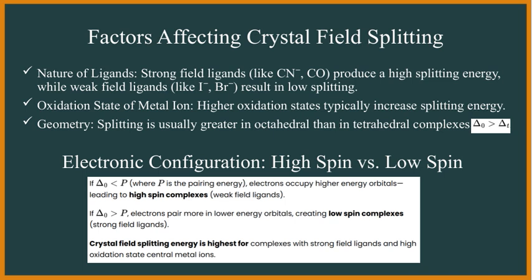Depending on the ligand strength and the splitting energy, electrons will either pair up or remain unpaired, which significantly impacts the magnetic and spectral properties of the complex. All these factors together help us understand the behavior and properties of different coordination compounds in crystal field theory.